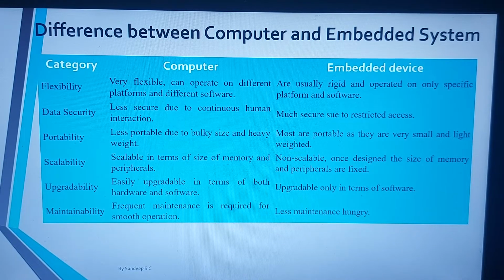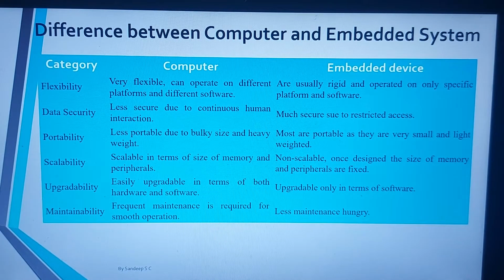Then upgradability. Computers are easily upgradable in terms of both hardware and software. We can keep upgrading them. Hardware also can be replaced with higher versions. But in embedded devices, we don't have that flexibility to upgrade them. They are upgradable only in terms of software, in some cases, and that too with a specific set of software.